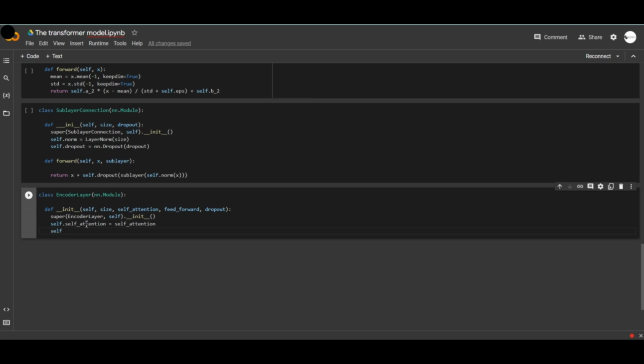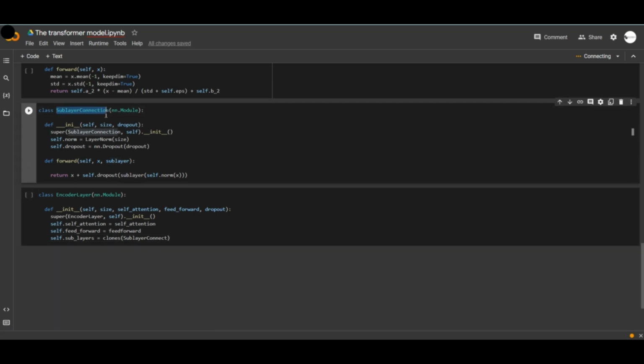We take self.feed_forward equals feed_forward. Yep, I think it's fine. Then we're going to say self.sublayers, which I'll also explain, equals clones. We take in the SublayerConnection, which is this component right here.